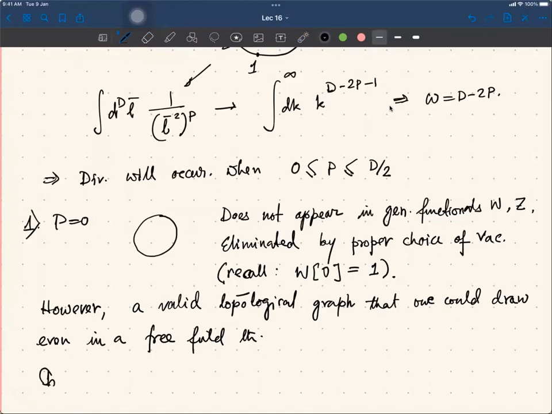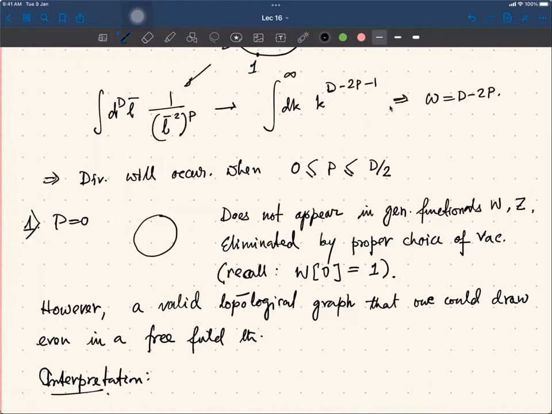And the interpretation is that it doesn't appear because of the proper choice of the vacuum, and we know in free field theory the vacuum is chosen, and that is taken care of. The divergence in free field theory, when we define operators, we actually remove, for example in the Hamiltonian, by normal ordering it.